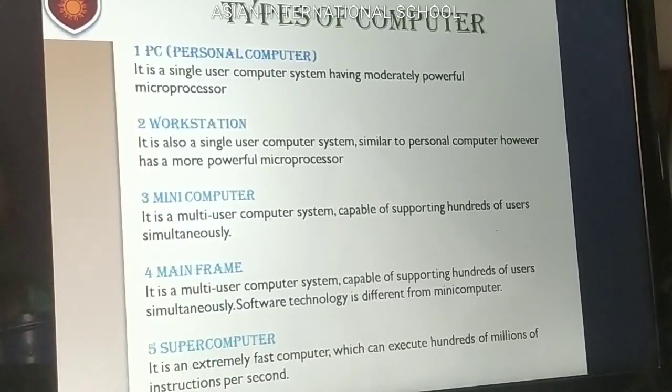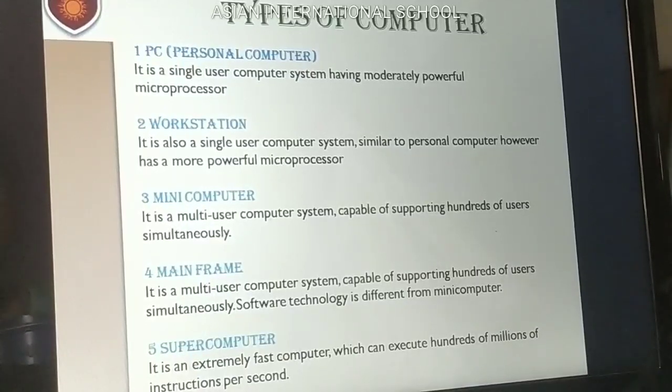The minicomputer and mainframe computer both support multiple users, but the software technology is different.